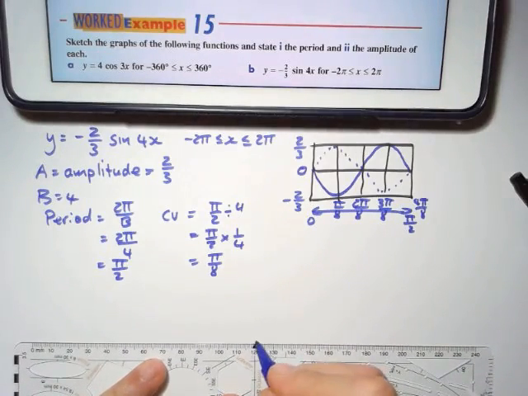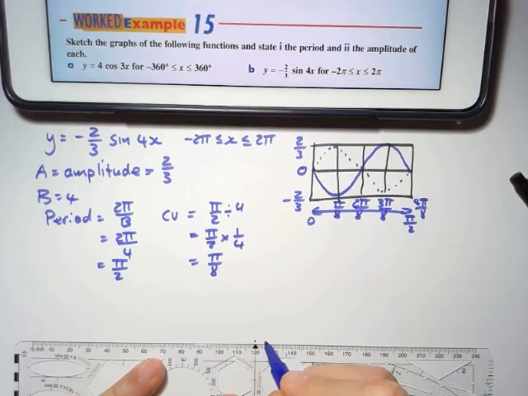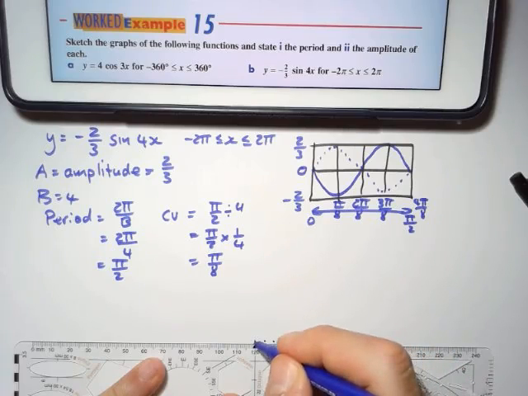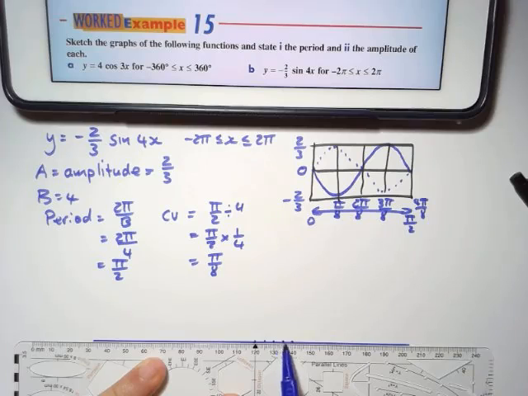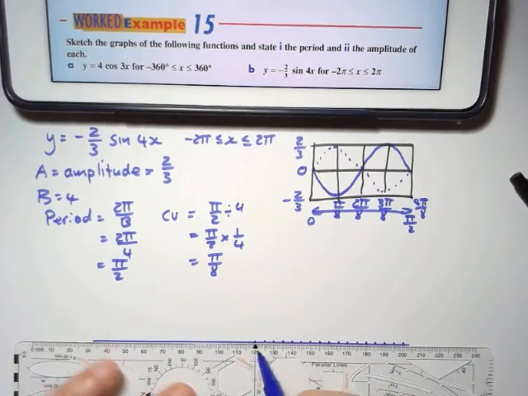So I'm going to start here, and I'm going to say that's 1, 2, 3, 4. That's one graph. Let's maybe just draw it. 1, 2, 3, 4, one graph. 1, 2, 3, 4, second graph. 1, 2, 3, 4, third graph. 1, 2, 3, 4, fourth graph.